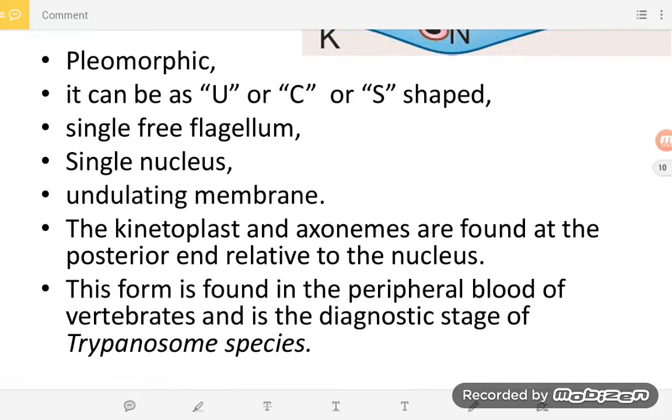So, in the case of these four stages, the amastigote form, promastigote form, epimastigote form, and the trypomastigote form, out of these four, the amastigote form is the intracellular parasite, intracellular form, and the other three are extracellular forms. So, these are present inside the plasma or the liquid medium.